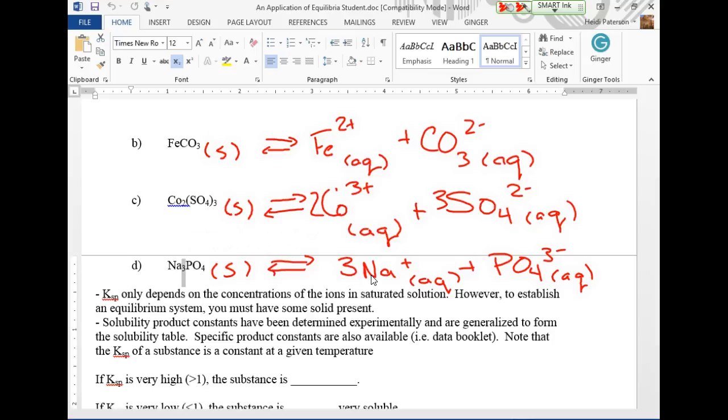Once you've written out the dissociation equation, you're going to have to write a KSP expression. So if you haven't indicated that there's 2 parts cobalt, you're going to forget to square Co in the KSP expression. So your next job is to write your KSP expressions.